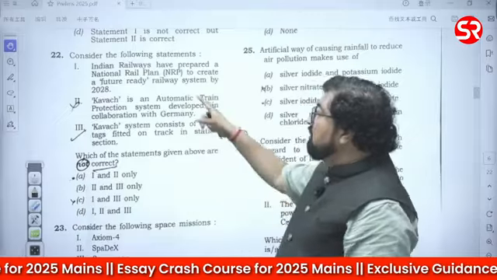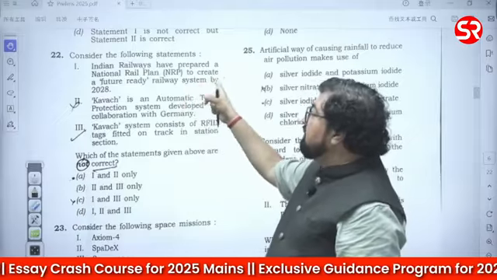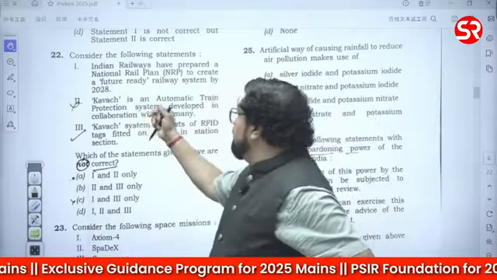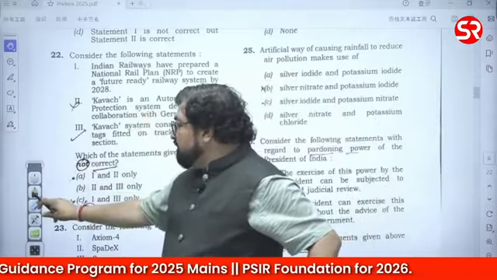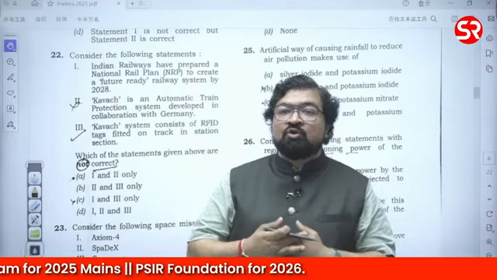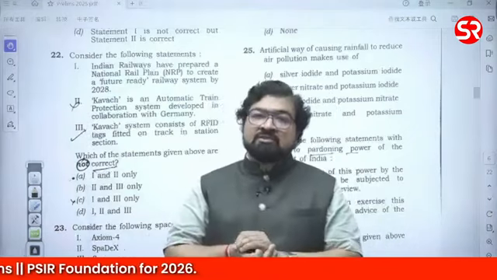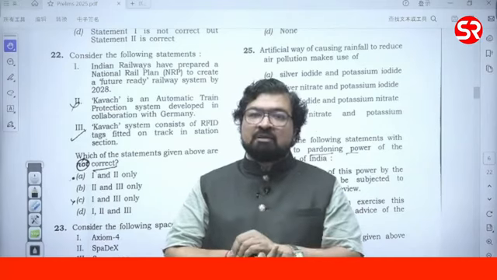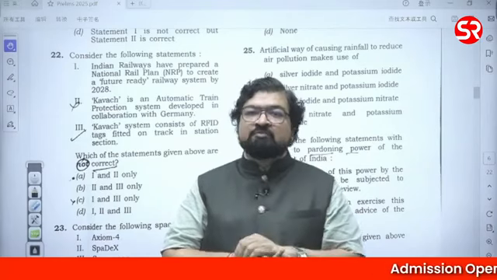Question number 22. Consider the following statements. Indian Railways have prepared a National Rail Plan (NRP) to create a future-ready railway system by 2028. Railways is going for modernization. In recent times, you know that high-speed rails like bullet trains, Ahmedabad to Mumbai, work is in progress.